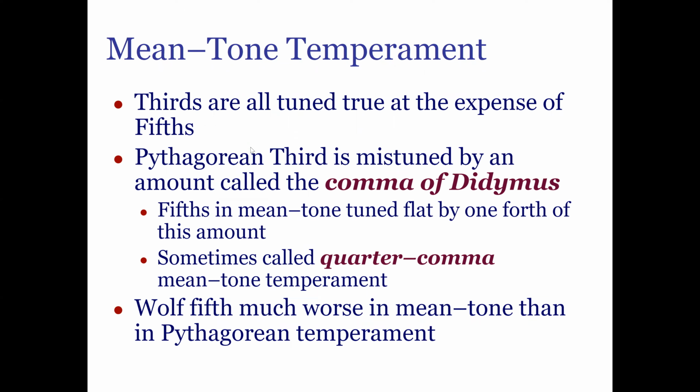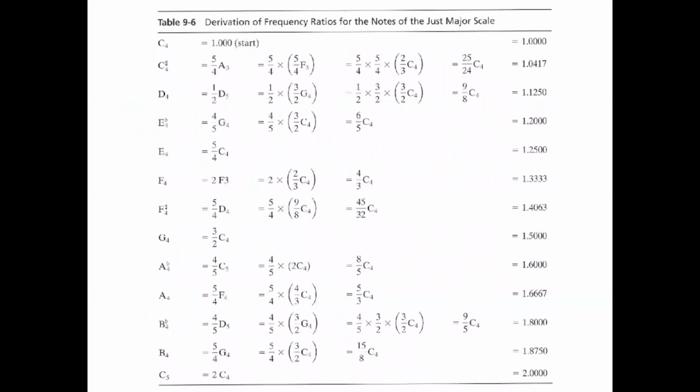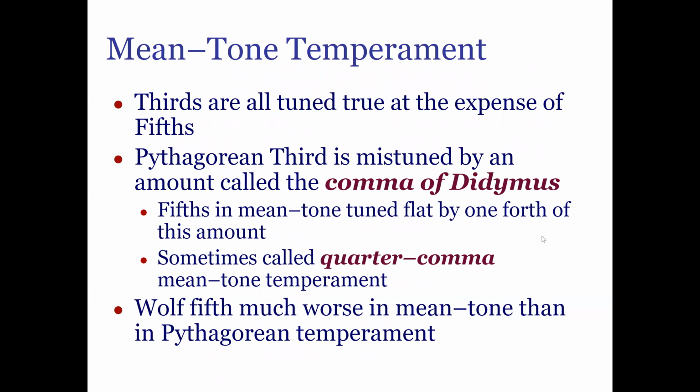Now, the mean tone temperament, this developed a little bit later, and this is still an open temperament. In this temperament, thirds are preferred at the expense of fifths. So when they're tuning, they're going to make sure this C to E interval is 1.25, but they don't care if the C to G interval is 1.5 anymore.